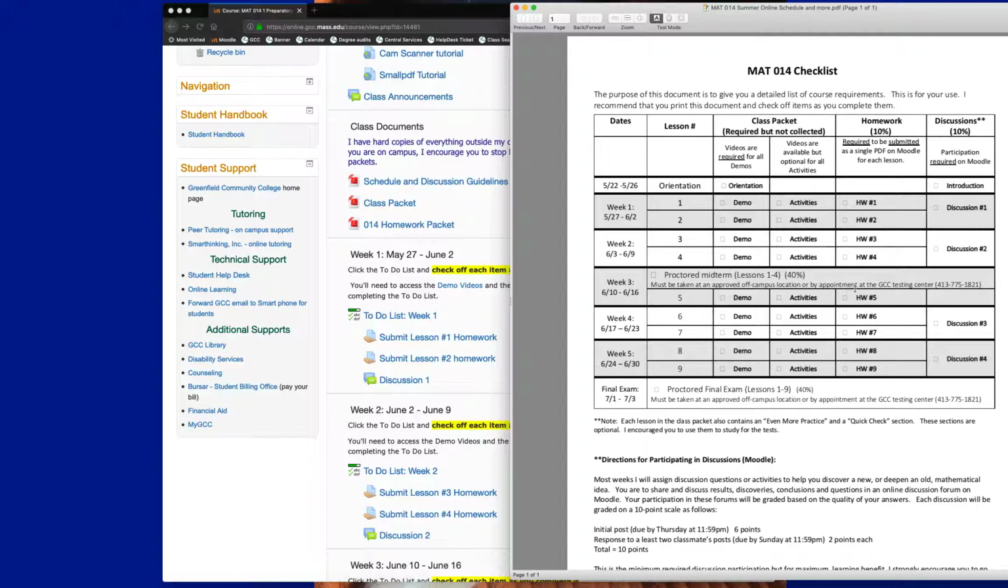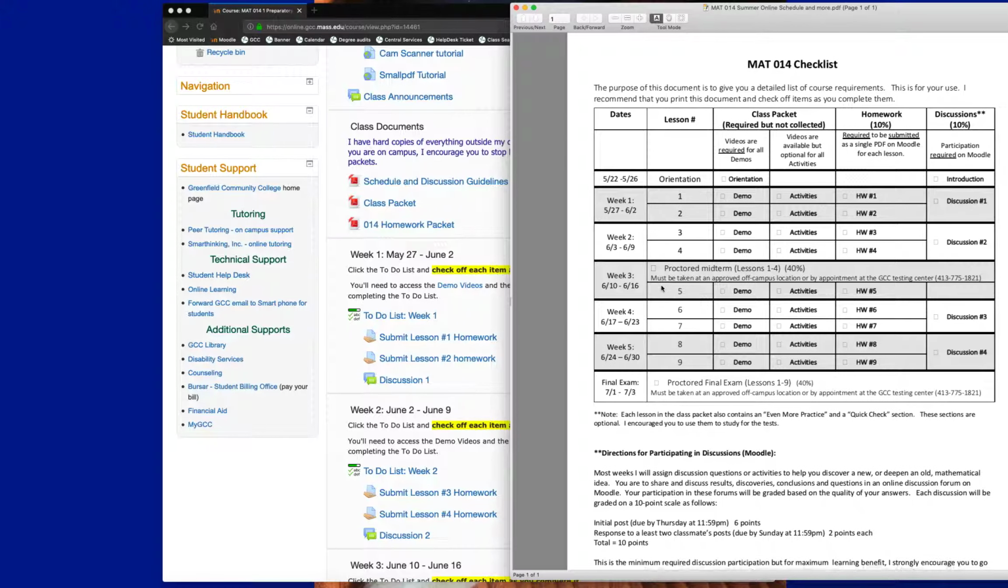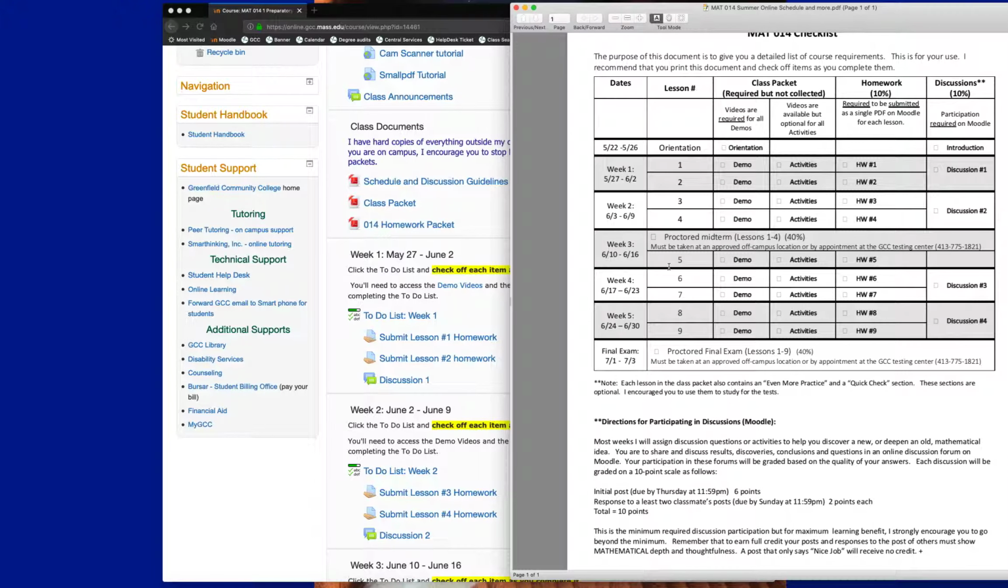Or if you're able to come to GCC, another easy way to get it proctored is to use the GCC Testing Center. There is more information on proctored exams in the syllabus. Then we have the rest of the lessons, and then finally a proctored final exam, same scenario.